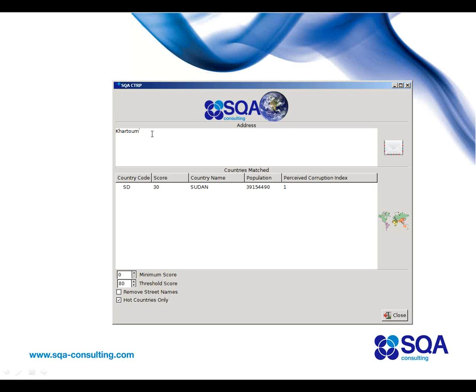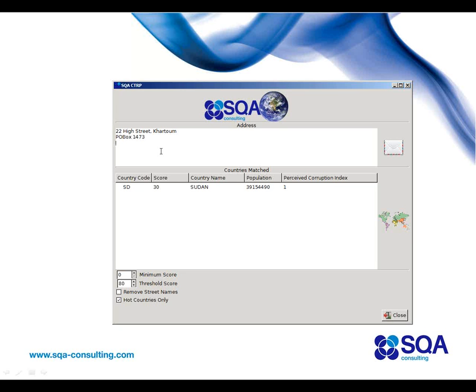So if you put in Khartoum, we find that it's a place name in Sudan. That's no great surprise, or it shouldn't be to people. If I put in Khartoum featuring in an address, we can see it also says Sudan, because when we do CTRP screening, it's a contains matching operation.